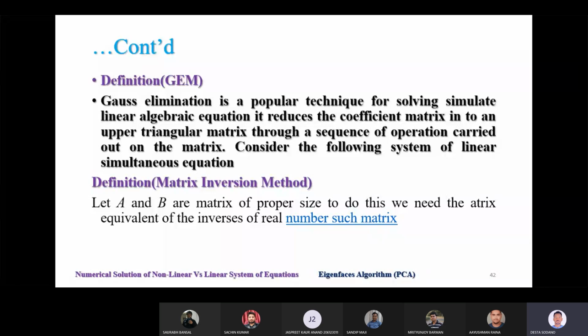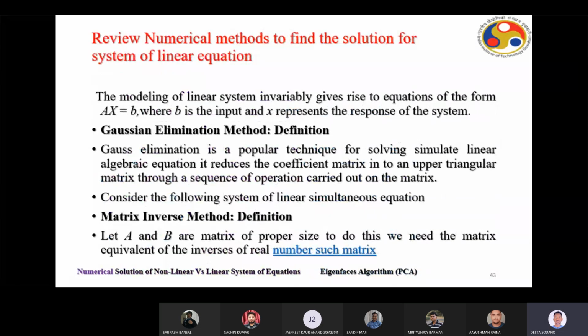What about matrix inversion? Already two matrices are given in order to find the inverse. So we use these numerical methods to find the solution for a system of linear equations: Gaussian elimination and matrix inverse.